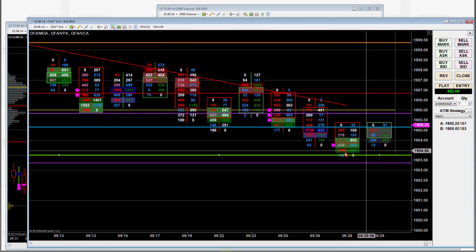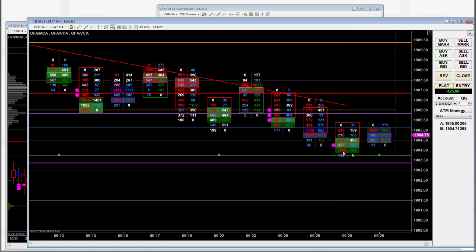As price is moving up, that says all of this was being held, at least right now. Price was being held down here at 04. Remember, there was a big buyer right here at 3 1/4, which is where the closing swing low is right now.